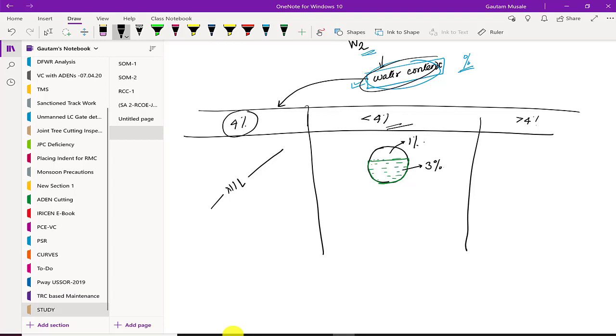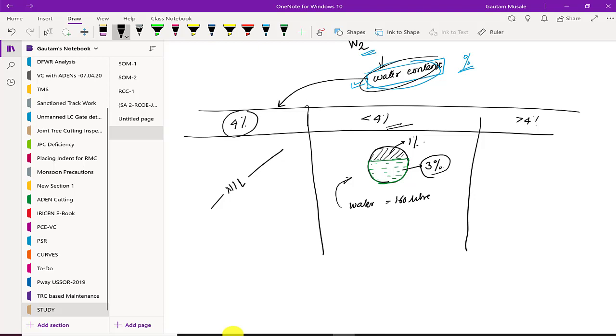In such a case, what happens is, how much water are you going to add? You are going to add 160 liters of water, but this 160 liters corresponds to the SSD condition. Now since this is not an SSD condition because it is only 3%, when you add this 160 liters of water, a part of this water is going to be used in filling up this 1%, so that my aggregate comes into the category of SSD condition.